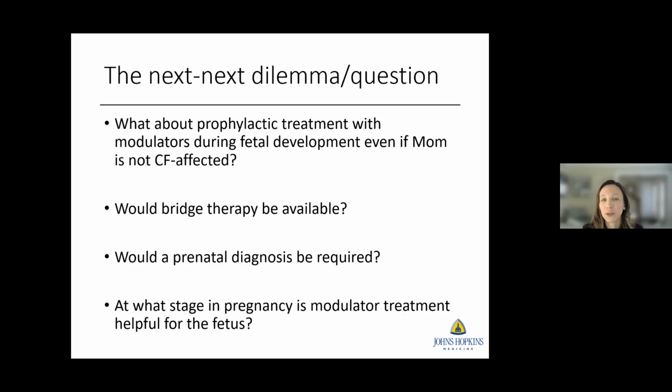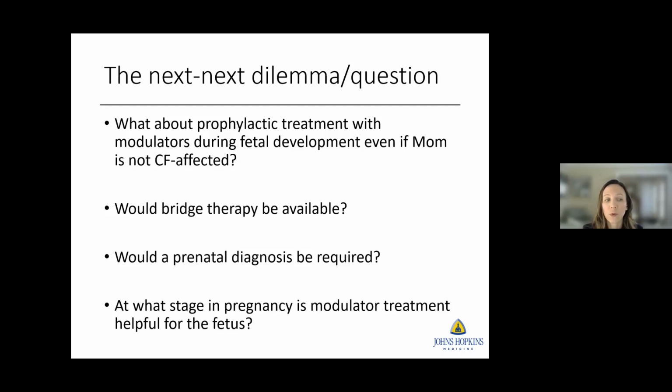So that leads to the next dilemma or question, and I don't have answers to these, but I'll just pose them for people to think about. What about prophylactic treatment with modulators during fetal development, even if mom is not CF affected? We now have evidence that modulators do cross the placenta, and evidence from the case report I just showed that they can, we think, impact the CF disease course that develops during fetal development.